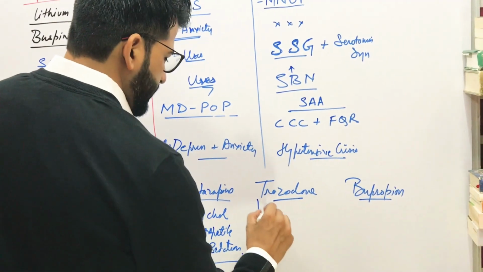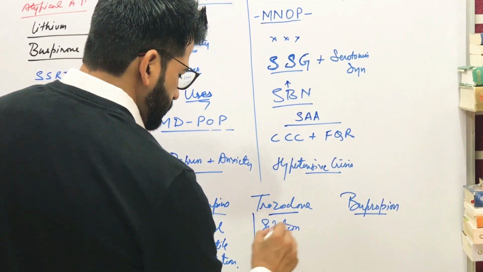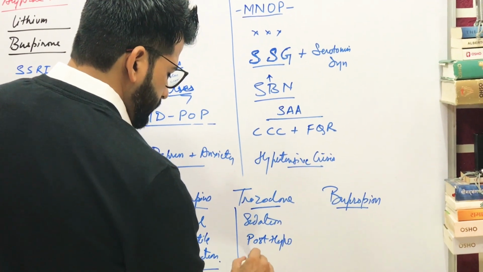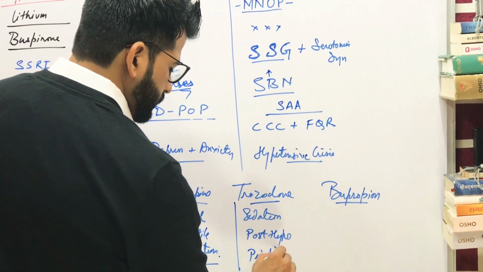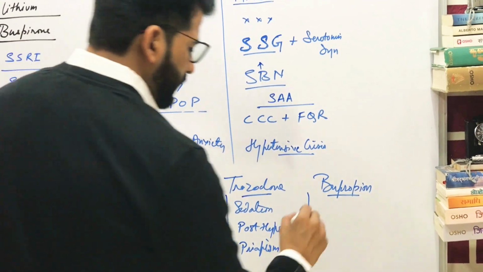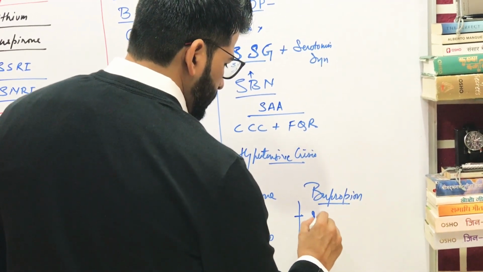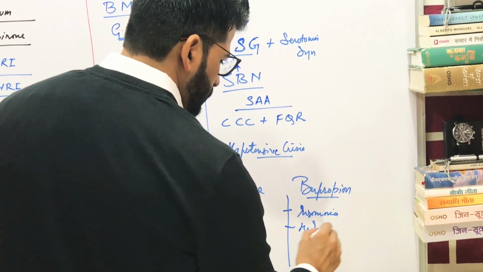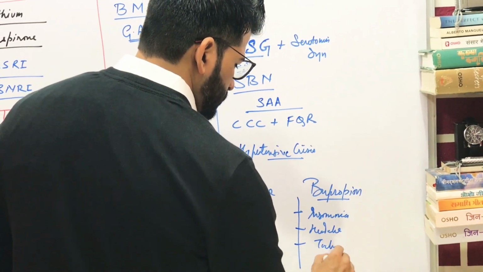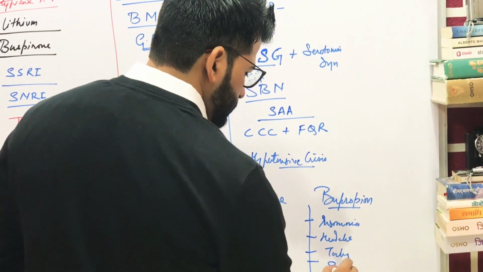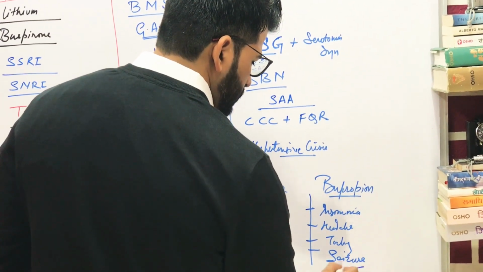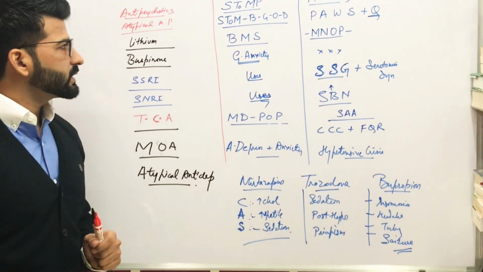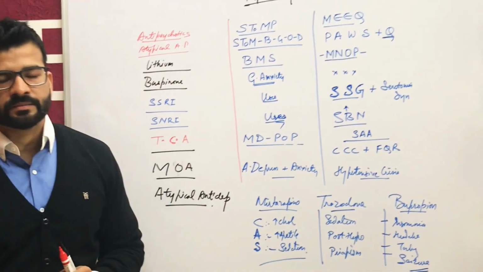Trazodone can cause sedation, postural hypotension and priapism. And bupropion can cause insomnia, headache, tachycardia and can cause seizures if taken in high quantity. So these are the different psychiatric drugs, their uses and their side effects.